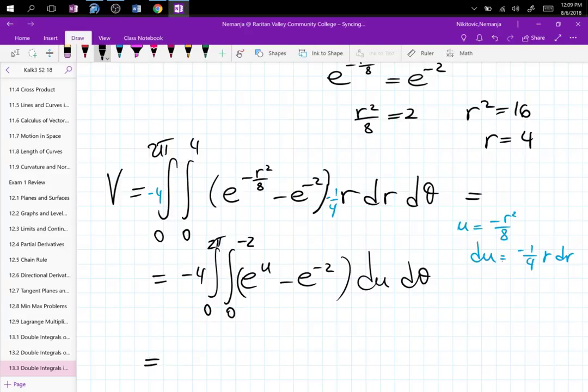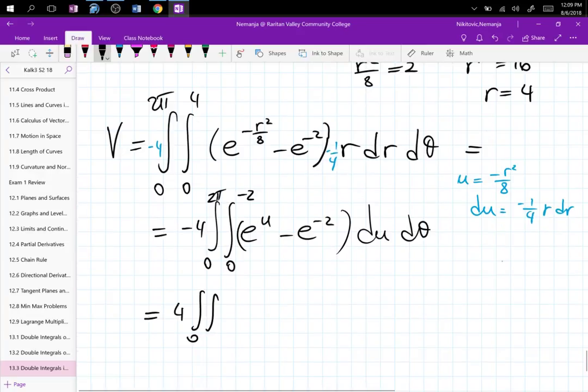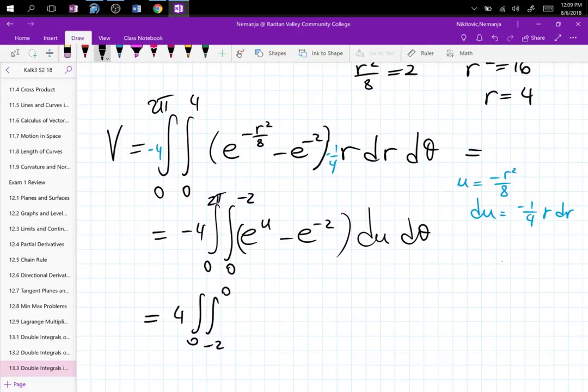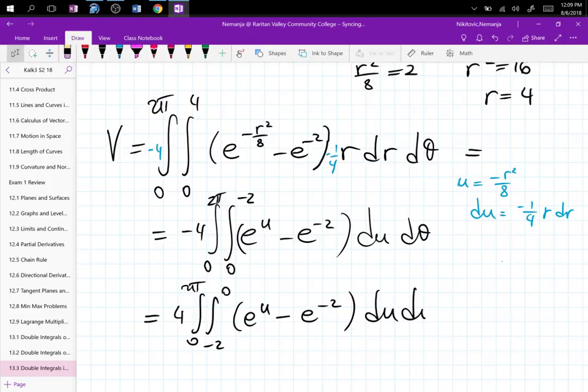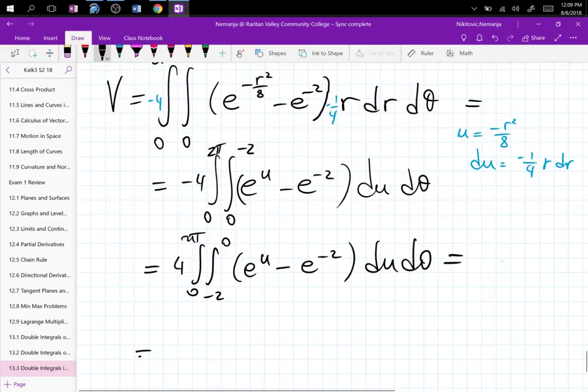That's Calc 1 theorem. So now I have positive 4 integral from negative 2 to 0, 0 to pi, and now we just have to integrate, and it's done. So a little bit of mathematical gymnastics, but not that bad.